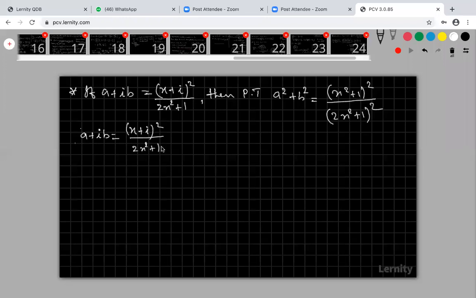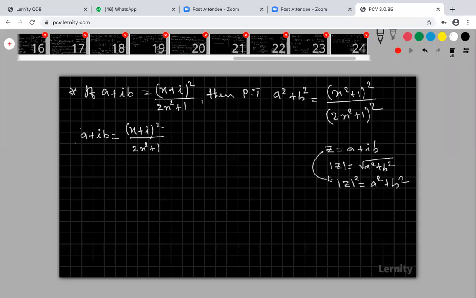This is given. Now what are we going to prove? a squared plus b squared. This a squared plus b squared is nothing but, look at that: if z is equal to a plus ib, then the modulus of z is root over a squared plus b squared. So the modulus of z the whole squared is nothing but a squared plus b squared.